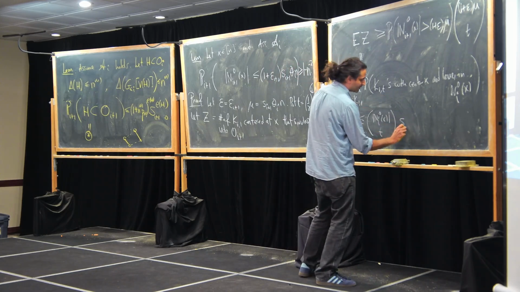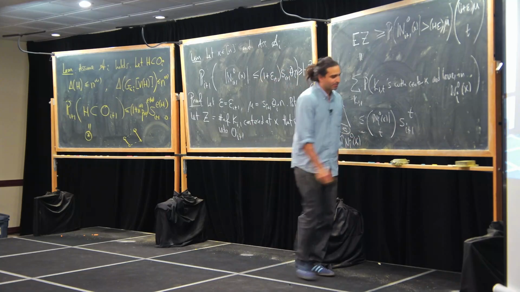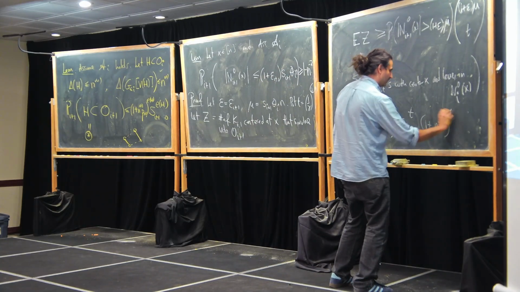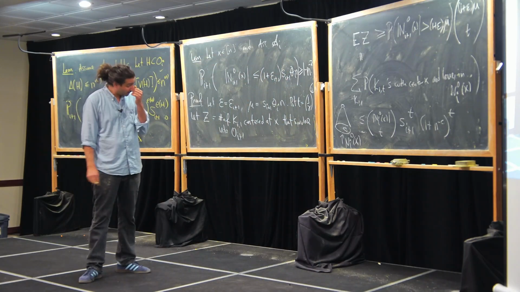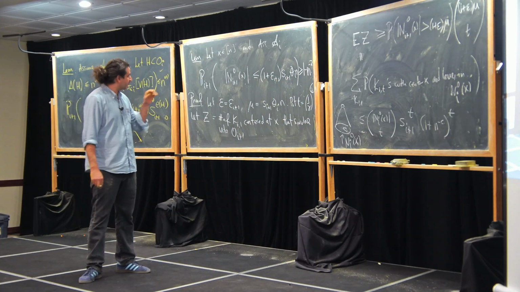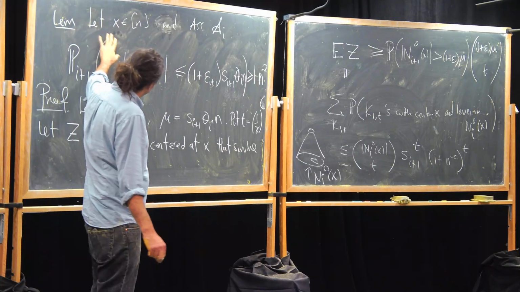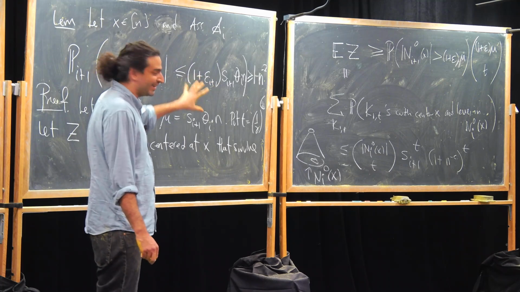So this is s_{i+1} to the t, times some error term, which is small enough that I'm not going to care about it. So I fixed x here. Yeah, sorry. So to finish the proof of the max, you have to union bound over this. Yeah, thank you.